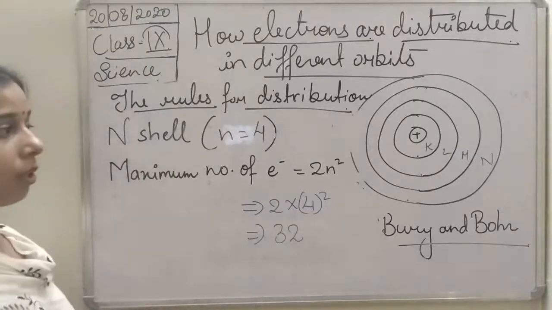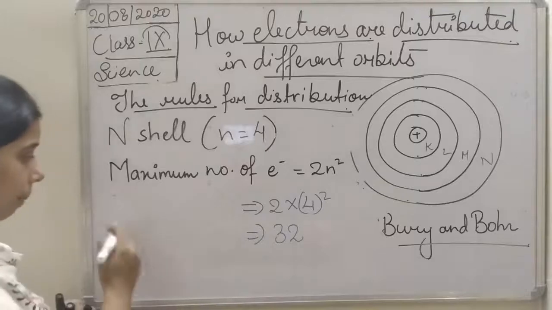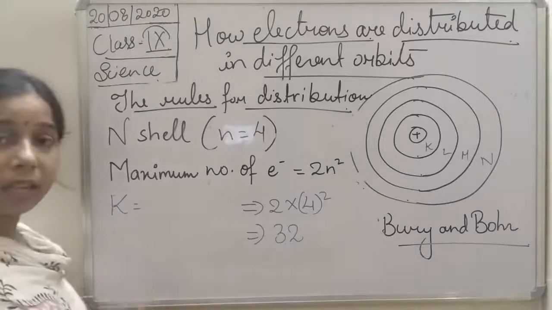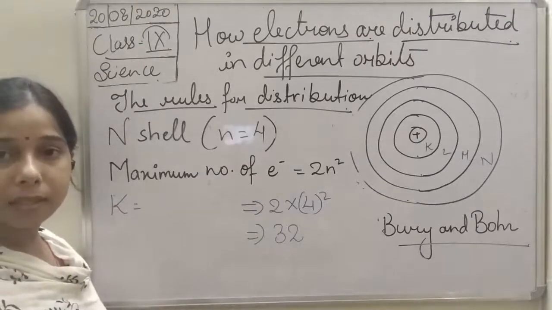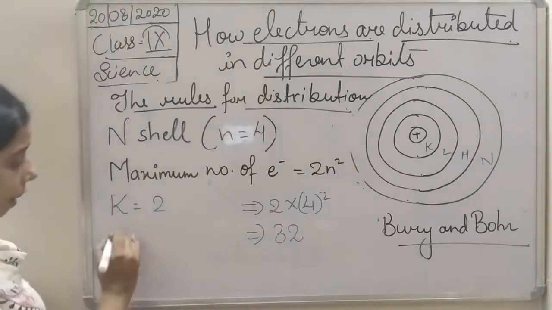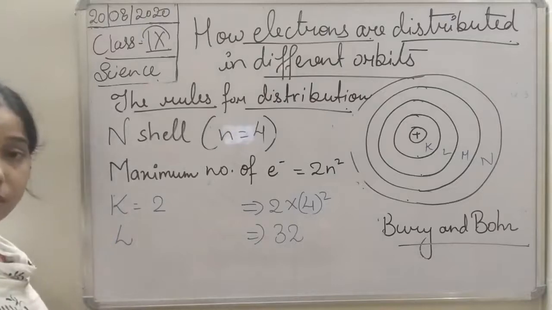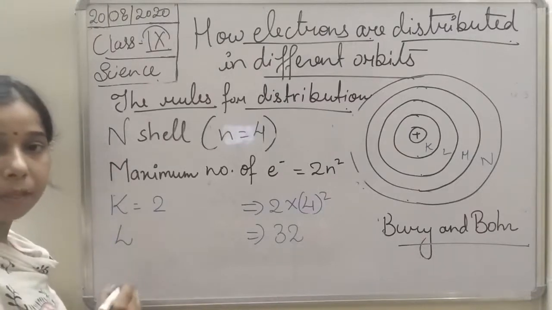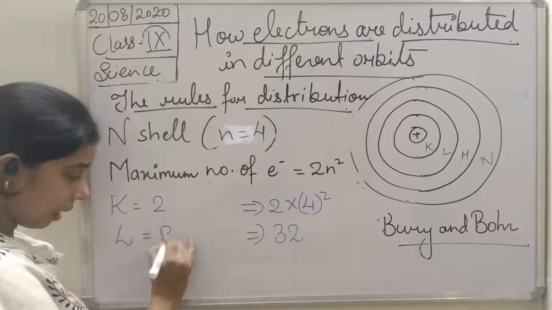Now you see here, student, at first when we talk about the K shell, the K shell can accommodate the maximum number of electrons, that is 2. When we talk about the L shell, students, the L shell can accommodate the maximum number, that is 8.